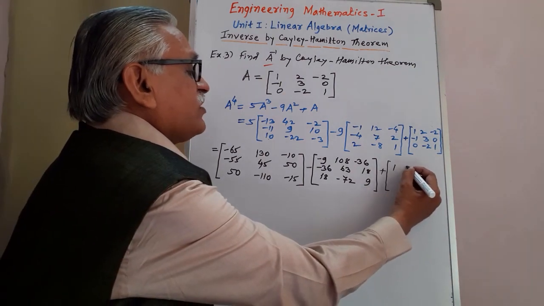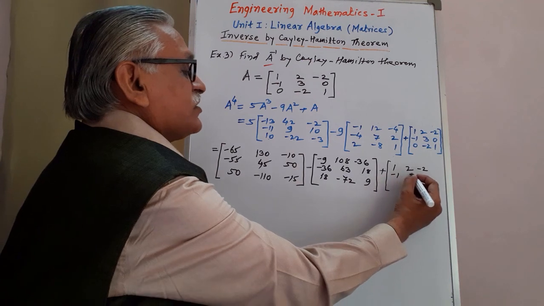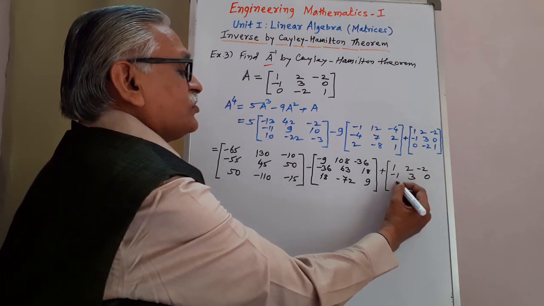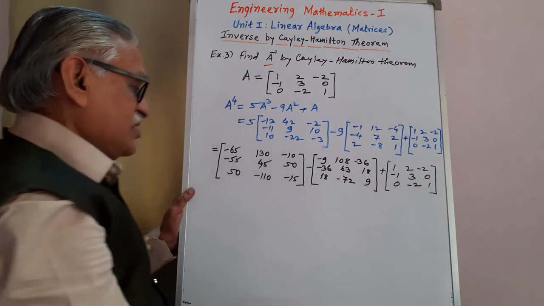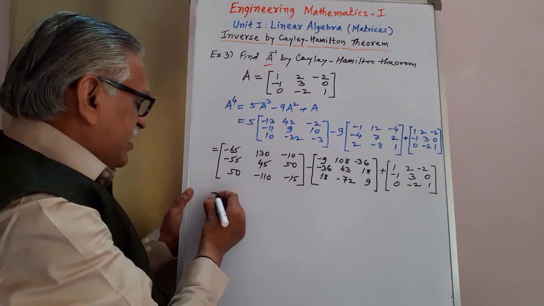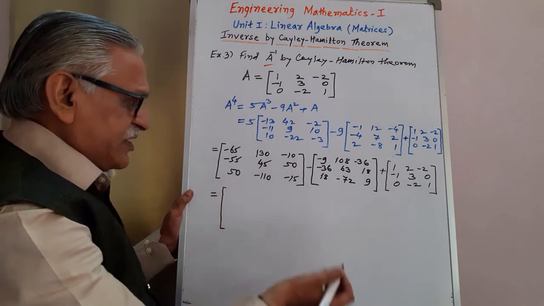As it is 1, 2, minus 2, minus 1, 3, 0, 0, minus 2 and 1. And then taking the addition of all, first with first, second with second.